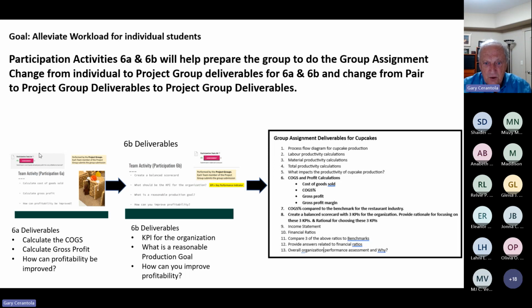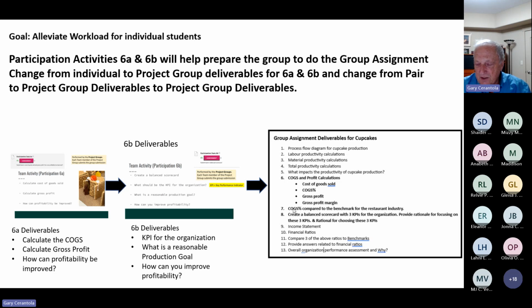If you do activity 6A as a group, and then you do activity 6B as a group, then it'll really set you up to be able to complete the Cupcakes assignment. What's in bold here is that you need to calculate cost of goods sold and profit calculations right here. You'll have done that in 6A, so that'll be a good prep.